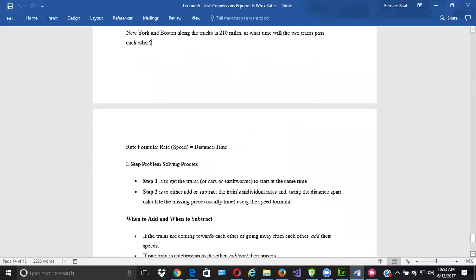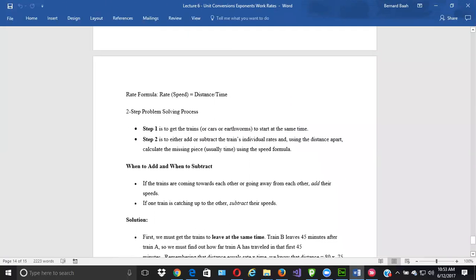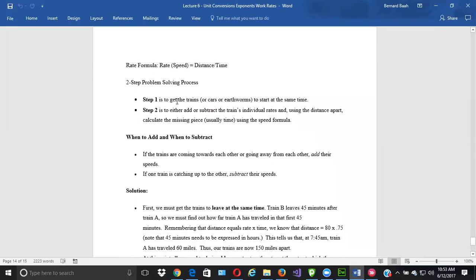And the problem solving process that I followed here is summarized here. So essentially you have this rate formula, rate equals distance over time, and there's a two-step process involved. The first step involves getting the two trains to start at the same time.